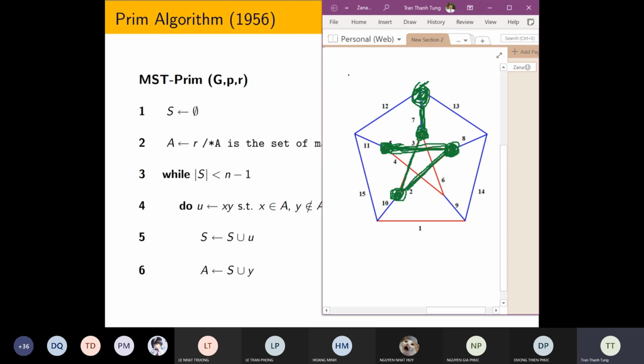So with what we have, this one is this one. Now here, our set will be 11, 12, 13, 8, 6, 4, 10. I will take 4.